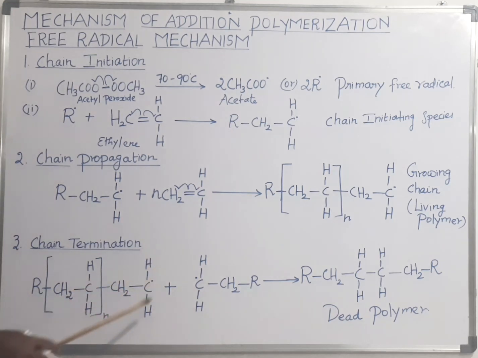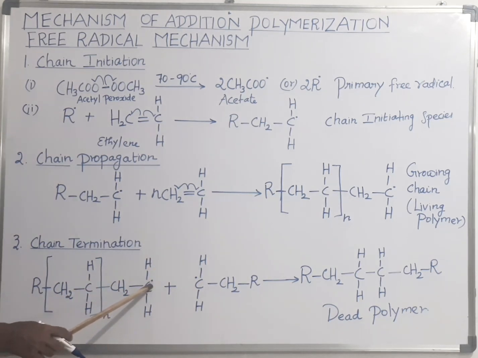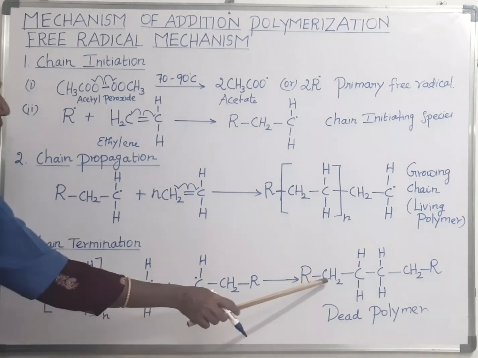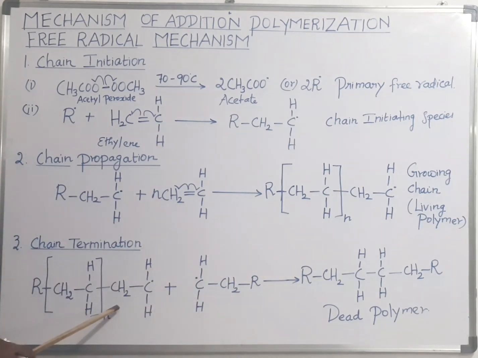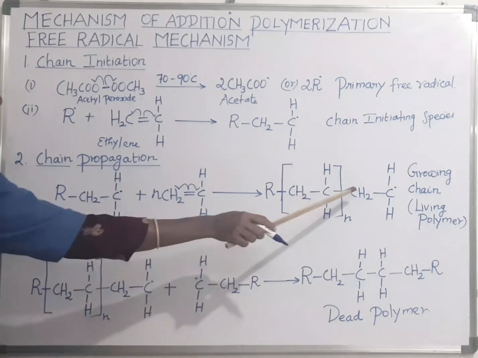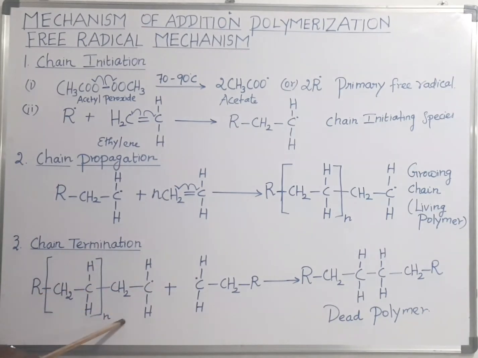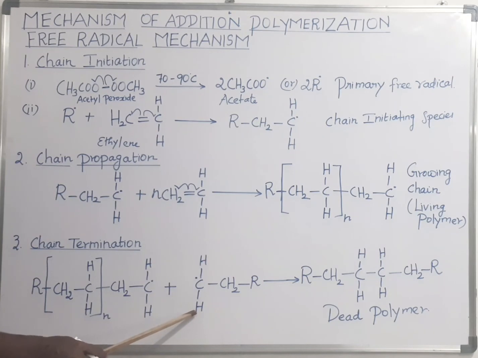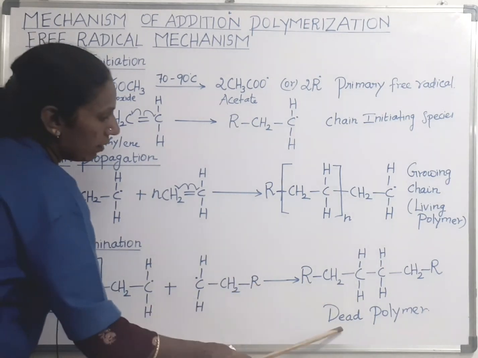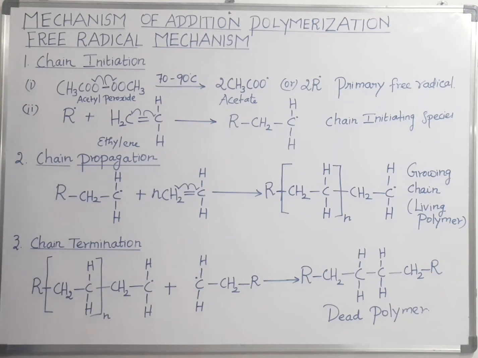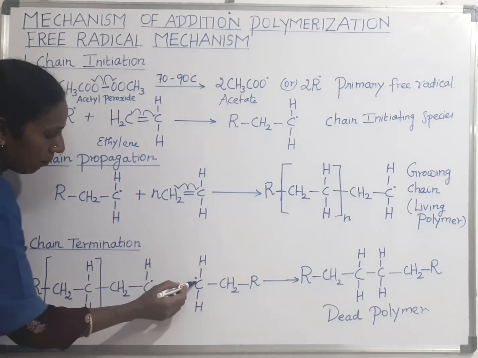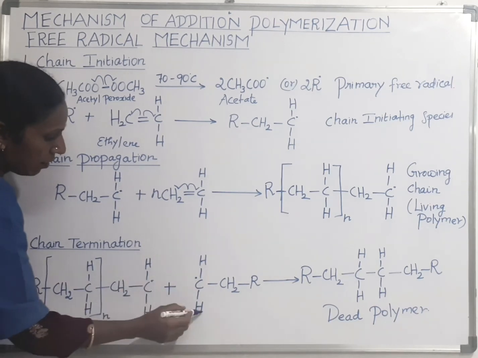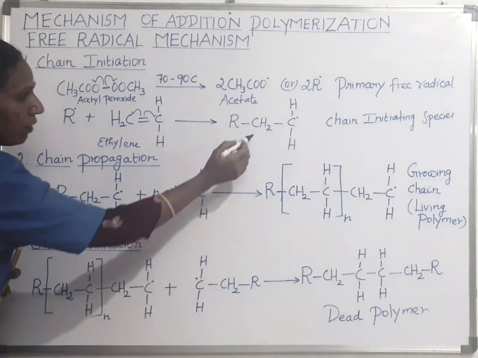So by the reaction between the free radical of one chain end to another free radical to form a macromolecule, that is, we take the growing chain in the previous step, we get the growing chain polymer plus the another free radical we take to form a dead polymer, that is the growing chain ends up, terminates, we get the dead polymer. This carbon having the free radical. This is the chain initiating species we get in the first step.